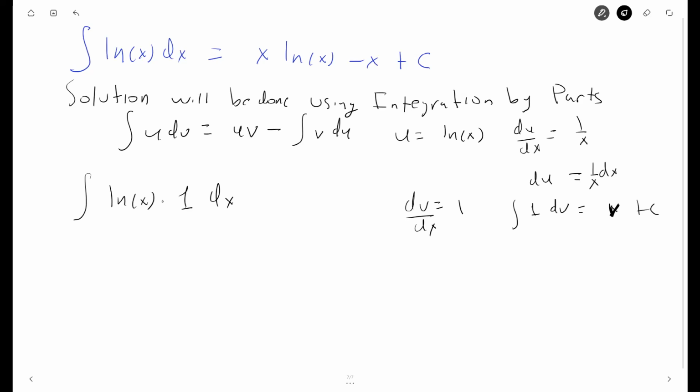That implies that v is equal to x, because dv/dx is 1, and so it implies that v is equal to x.